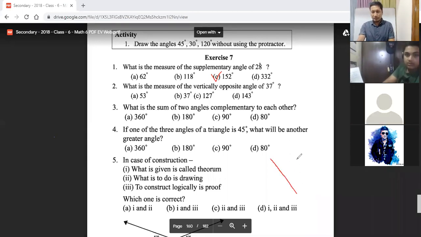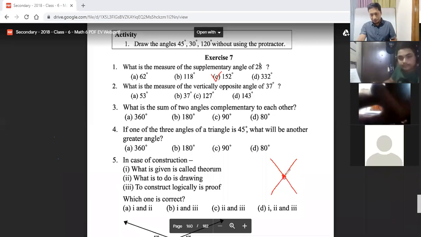You can see the screen share. We have drawn two intersecting lines. If two lines intersect at a single point, then at this point 4 angles are produced, and two opposite angles are called vertically opposite to each other.